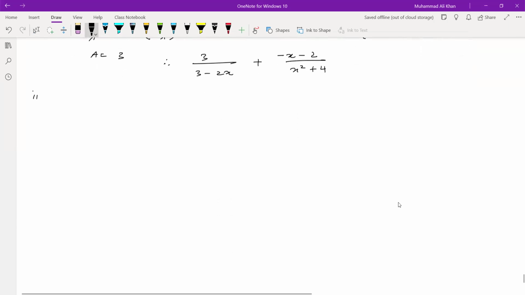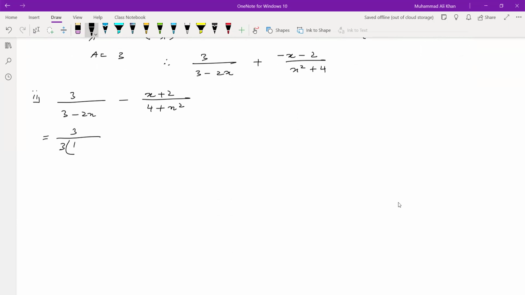So now, here is the second part. First, we are arranging this 3 over 3 minus 2x. Minus common लेते हैं ऊपर से, so it will be minus x plus 2 over 4 plus x squared. From the denominator, take 3 common, so that the first term will be equal to 1. 2x over 3 minus x plus 2 divided by 4 common, 1 plus x square over 4.